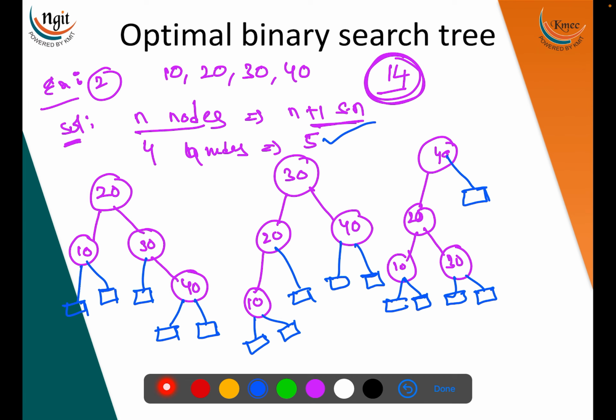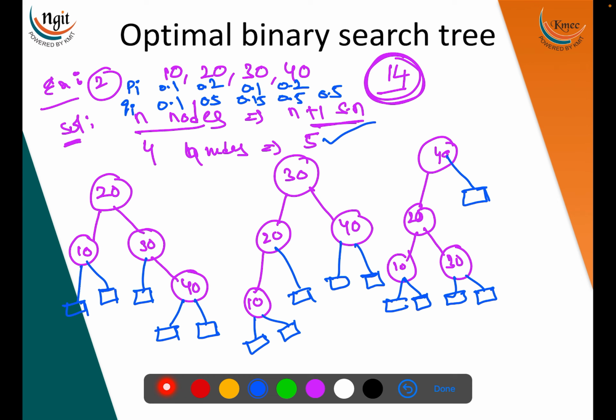Now we'll take some probabilities for the same. Pi is the successful probability, Qi is the unsuccessful probability. I'm just writing some probabilities: 0.1, 0.2 and 0.1, 0.2. When you add all of these, it should give the answer one. So I'm taking it that way, 0.15 and 0.5, 0.5.